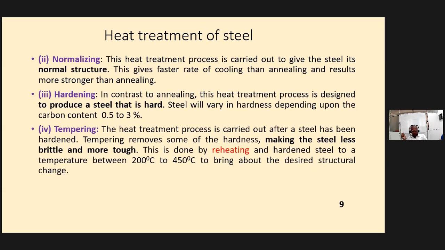Tempering: the heat treatment process carried out after a steel has been hardened. After hardening, you can go to the tempering process. Tempering removes some of the hardness, making the steel less brittle and more tough. How do you obtain this? This is done by reheating the hardened steel to a temperature between 200 and 450 degrees centigrade to bring about the desired structural change.